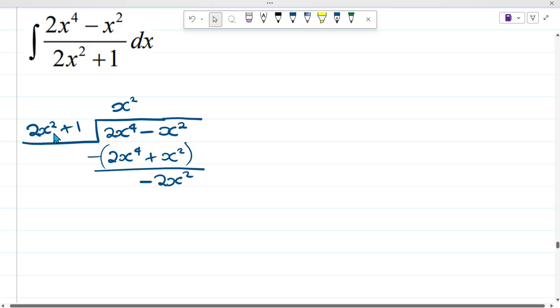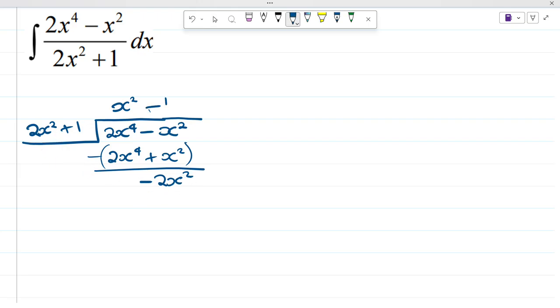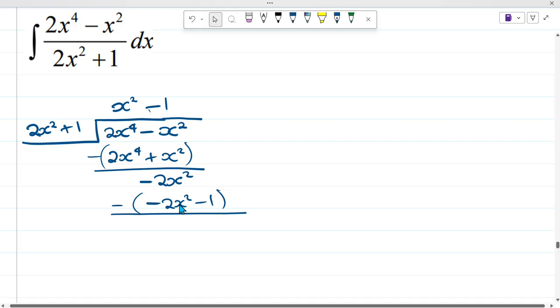So minus 2x squared divided by 2x squared gives minus 1 because of the negative, and then this negative 1 multiplies everything. We'll have minus 2x squared minus 1, with the negative outside the bracket, and then we add these terms.